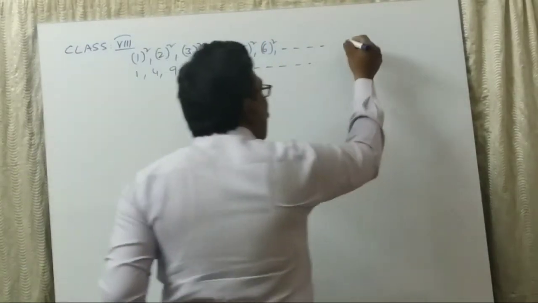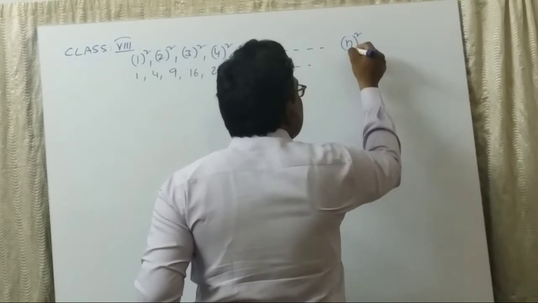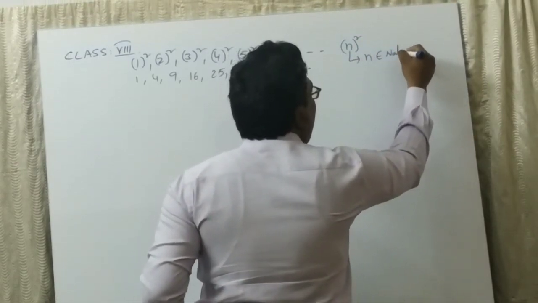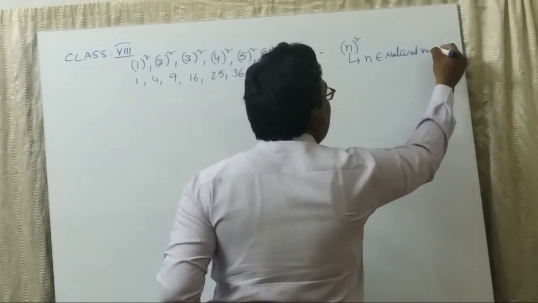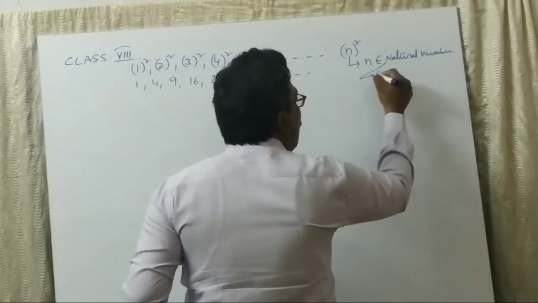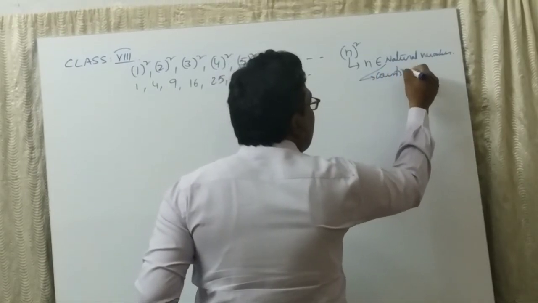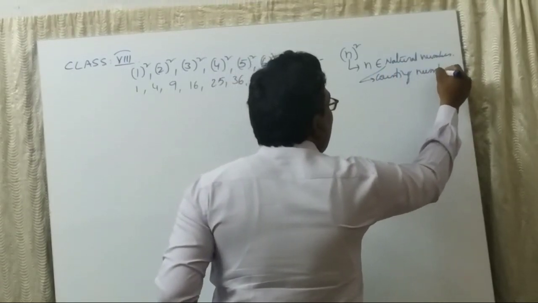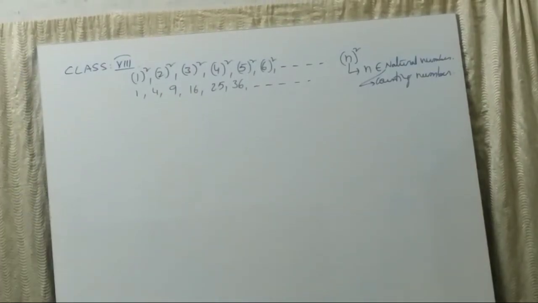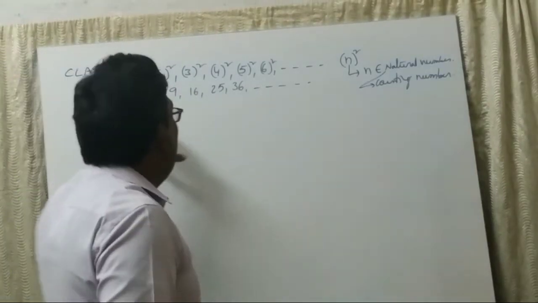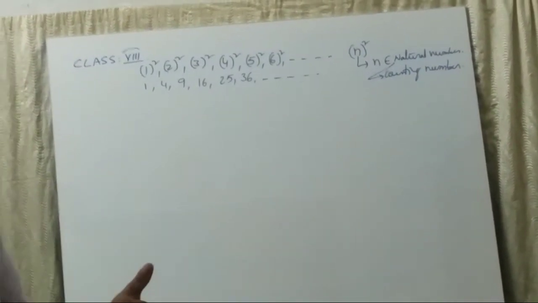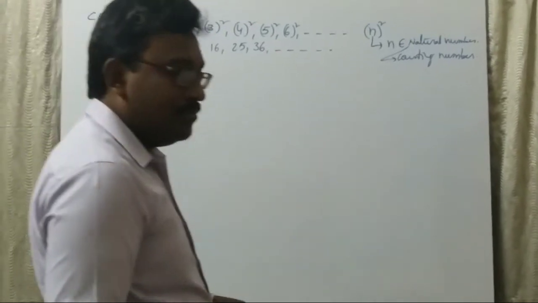These are all squares of natural numbers. n belongs to the natural numbers, or simply we can call them counting numbers. So how many will there be? Undoubtedly, infinite numbers are there.